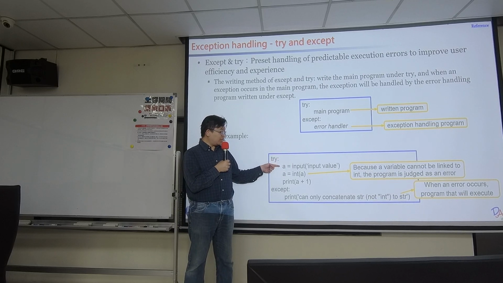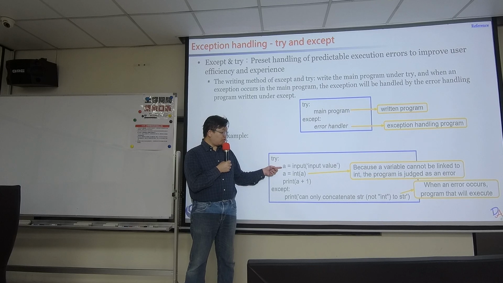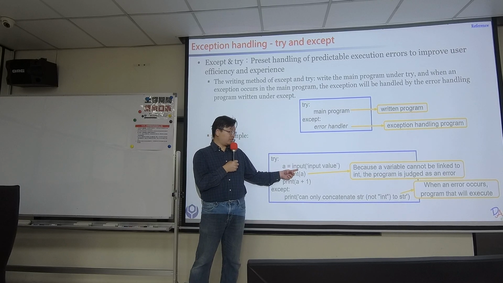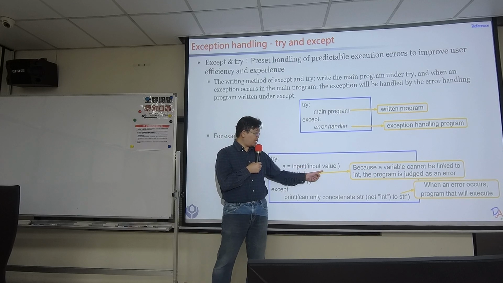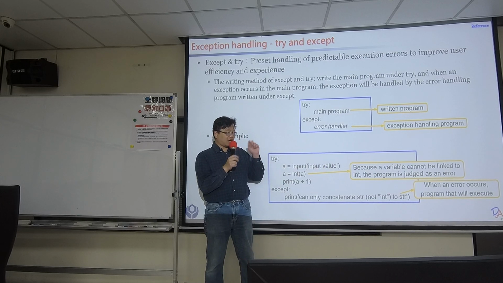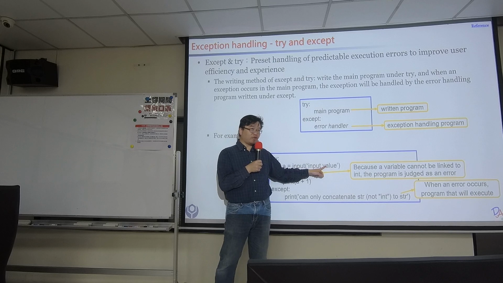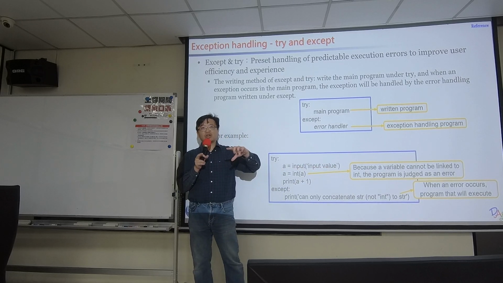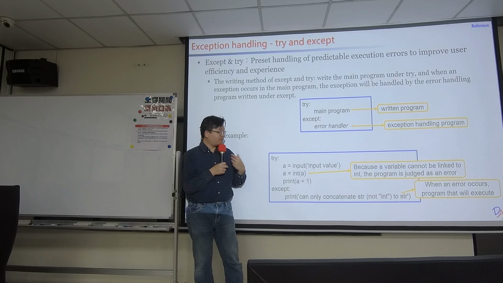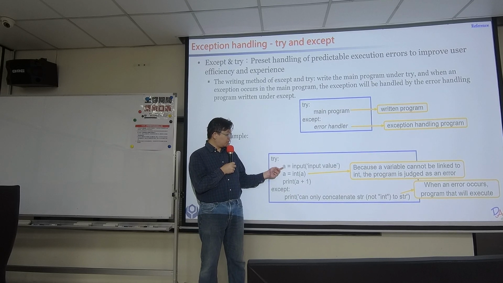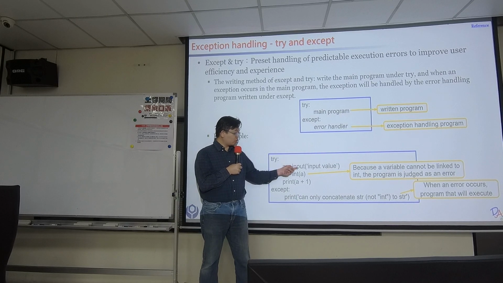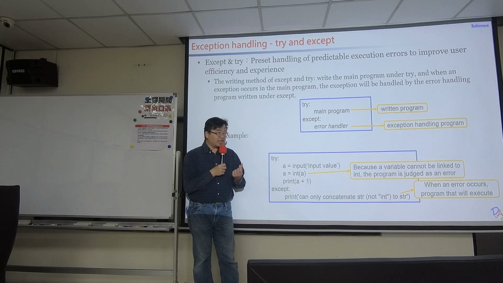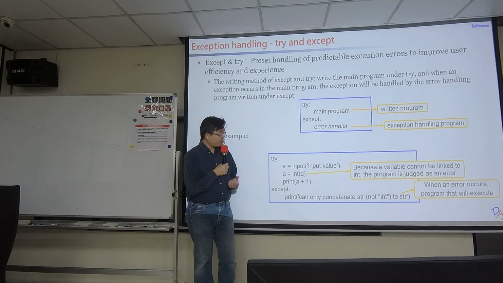The first one is a definition of variable A using input. After this line, in the command window, you need to type in some value. So A equals that value you provide, but it will be a string, right?